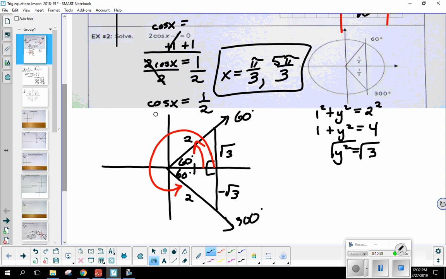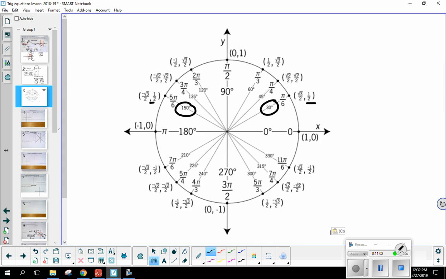Remember, we got cosine is equal to 1/2, right? So look at your unit circle. Everything I told you is either going to be a triangle or quadrantal, so it will appear on the unit circle. Cosine is the x value. So look at all 16 of these ordered pairs. Where do I have ordered pairs where the x value is a positive 1/2? There you go.